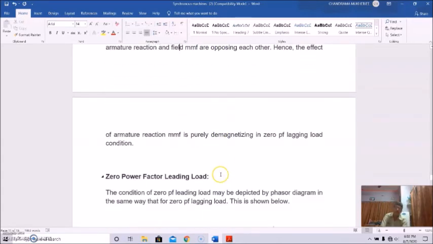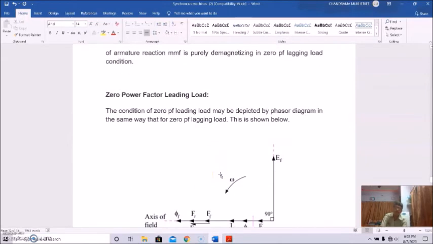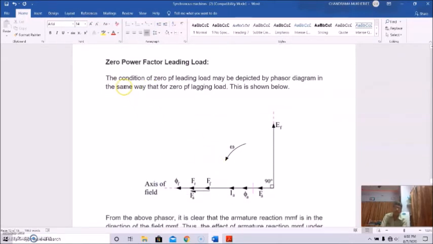For zero power factor leading load, the condition may be depicted by this phasor diagram. This is the excitation EMF. So IA is leading by 90 degrees, purely. This is zero power factor leading load. The zero power factor lagging load we have already done. So what will happen?